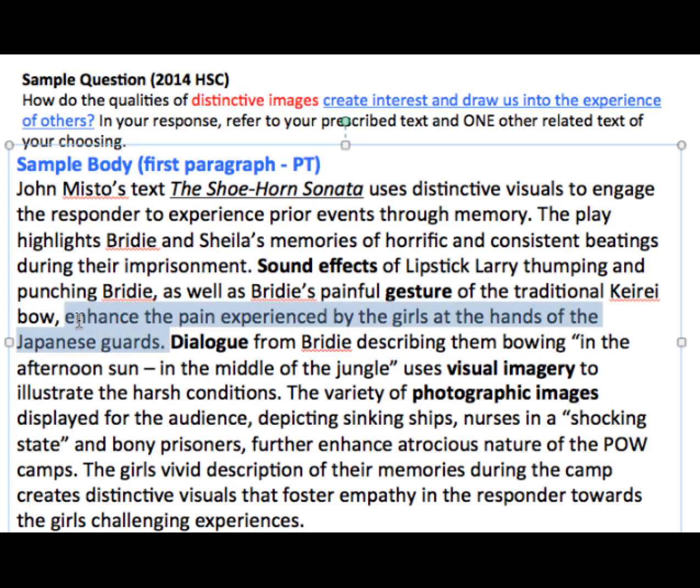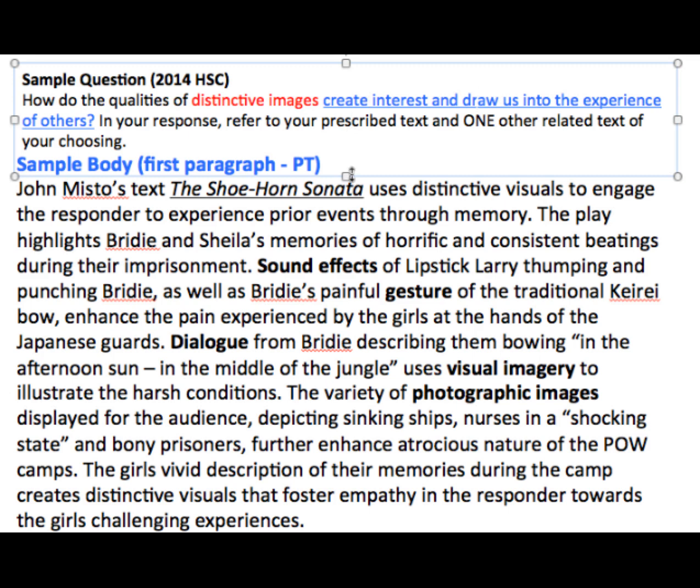In this case here, I'm explaining how the visual connects to the thesis statement of the paragraph. And then finally, I'm connecting it back to my main essay thesis, which is all to do with how the memories create visuals that foster empathy, and they draw us into the experiences of others. So referring back to the key parts of the question up here.